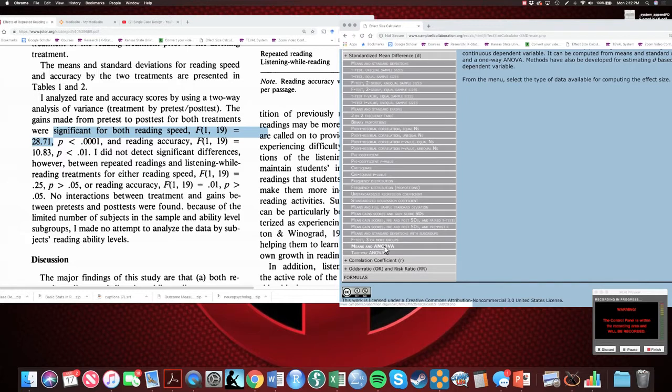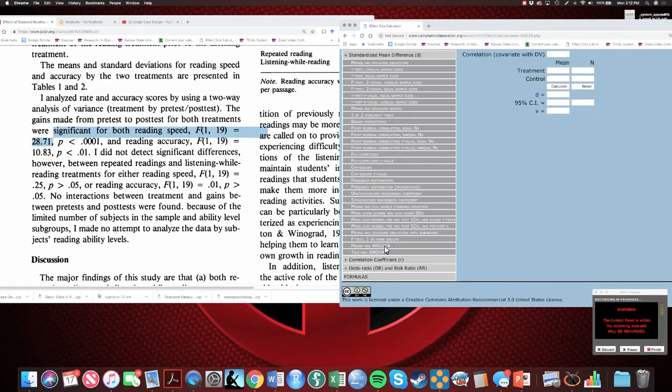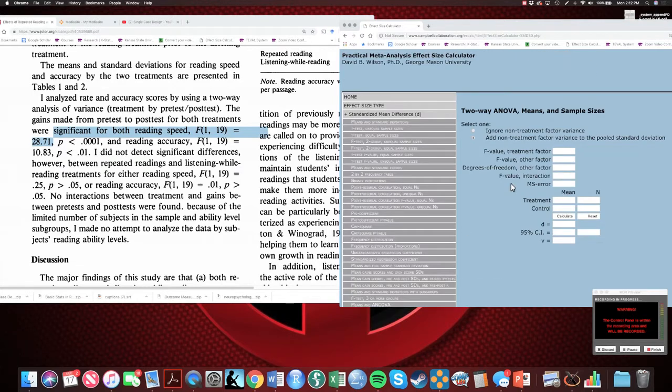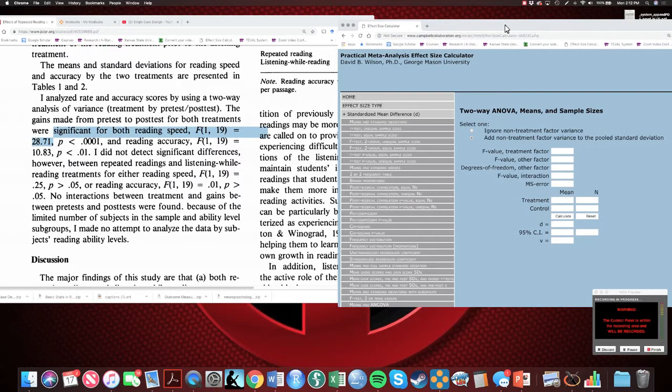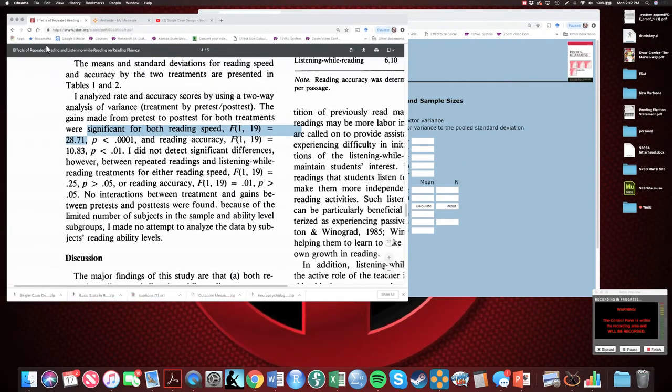Even better, if we have an ANCOVA, we would use the ANCOVA, although that information is going to be really hard to find too. In a two-way ANOVA, they would have to give us more information than they did in this study. But this gives you a general idea of how we would go about finding the effect size.